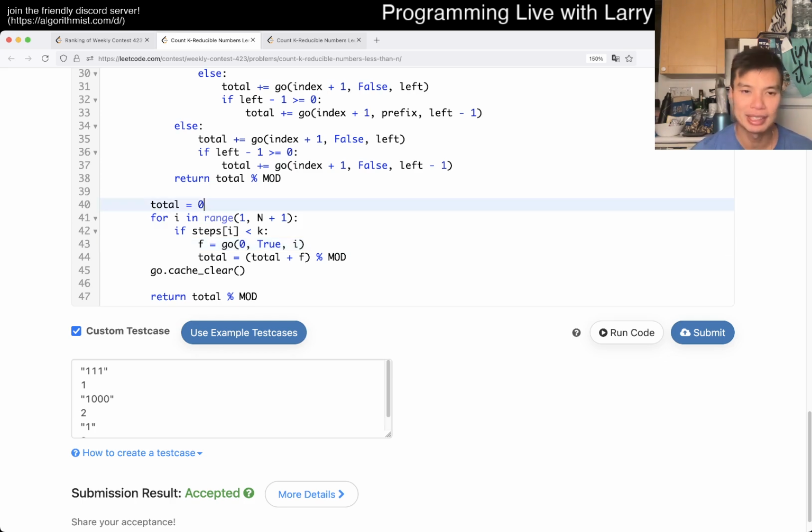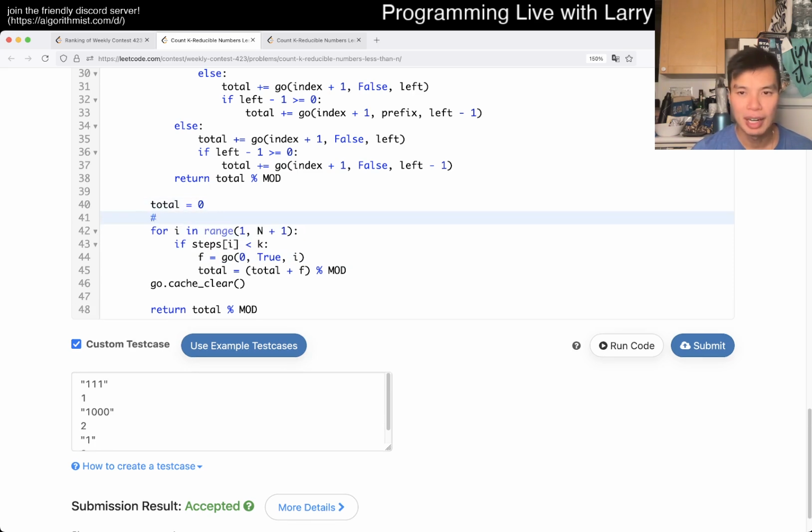But basically what this is saying is, let's say we start with a number that goes to i. What I mean by that is, for every number you do one step, one operation.